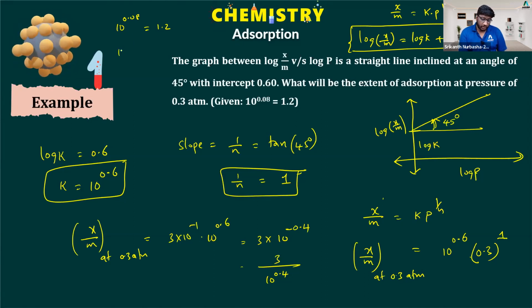Try to write down the value of 10 power 0.04, whole power 2 is equals to 1.2. It is 10 power 0.4.